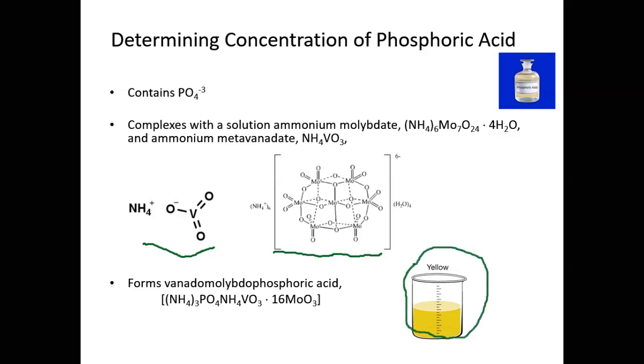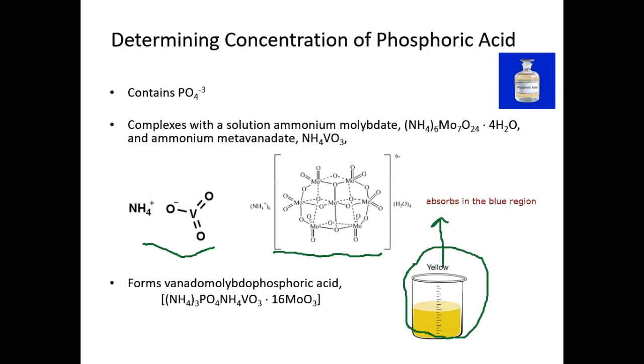So if it appears yellow, it's going to absorb in the blue region of the visible spectrum. If we had a solution of vanado molybdo phosphoric acid and put it in the UV vis spectrometer, you're going to see a very strong absorption peak around the blue region.